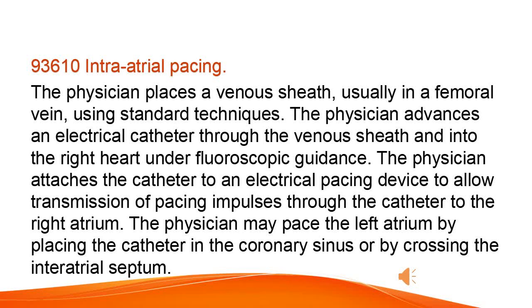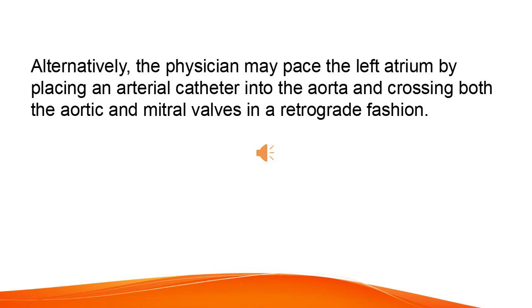The physician may pace the left atrium by placing the catheter in the coronary sinus or by crossing the interatrial septum. Alternatively, the physician may pace the left atrium by placing an arterial catheter into the aorta and crossing both the aortic and mitral valves in a retrograde fashion.